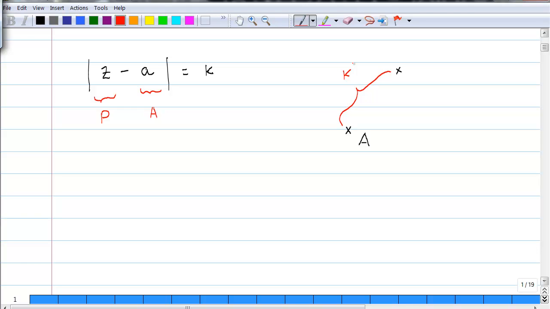But is this the only possible point P such that the distance is k away from A? No. You can also mark another point P over here, such that the distance is again k away from the point A. So essentially there are many such points, and they form a circle.